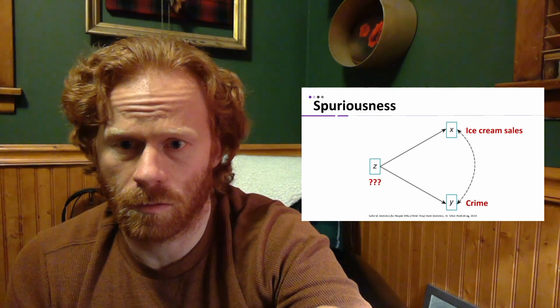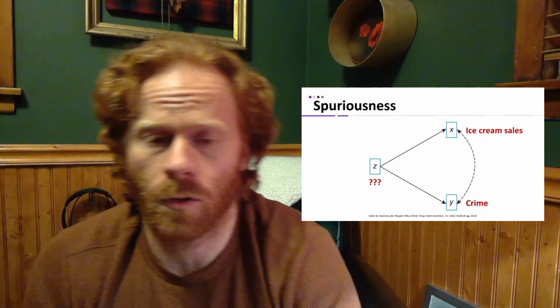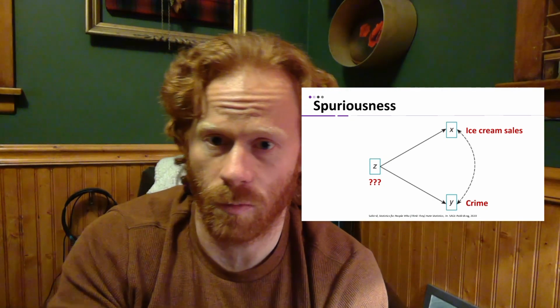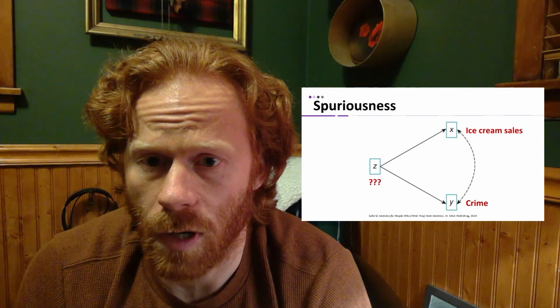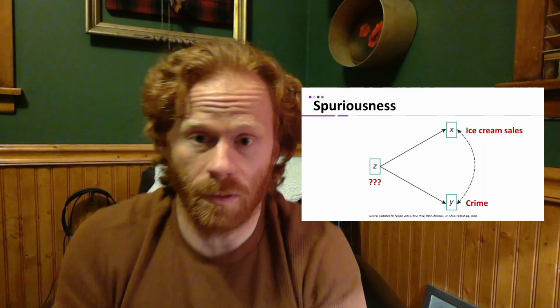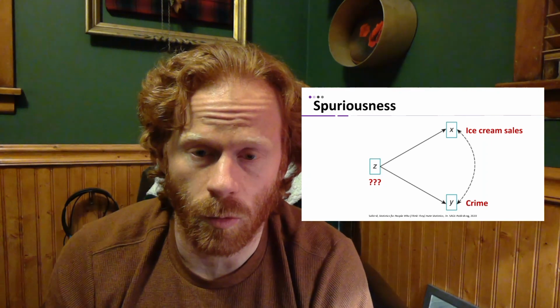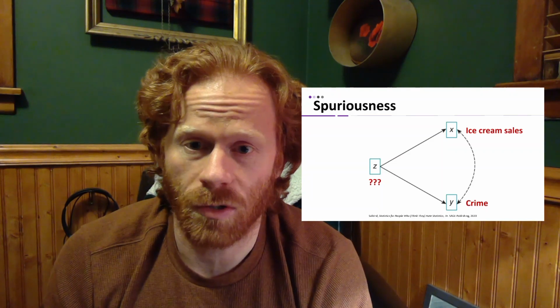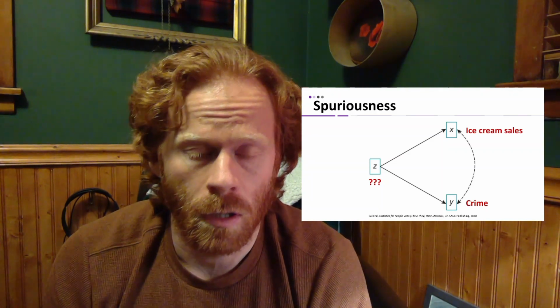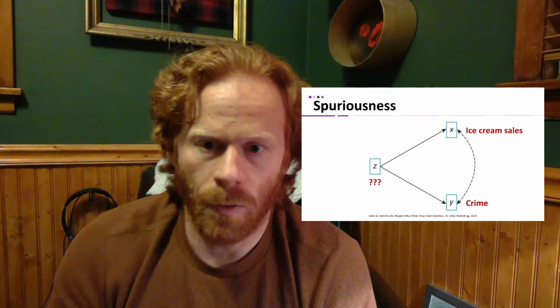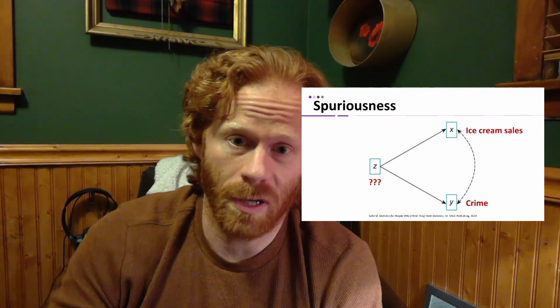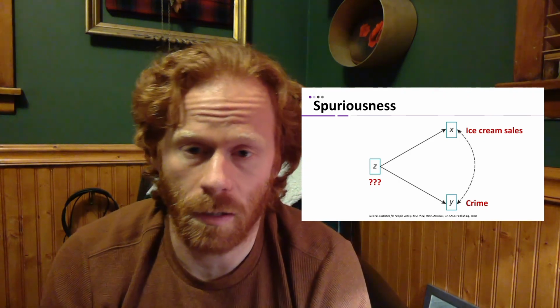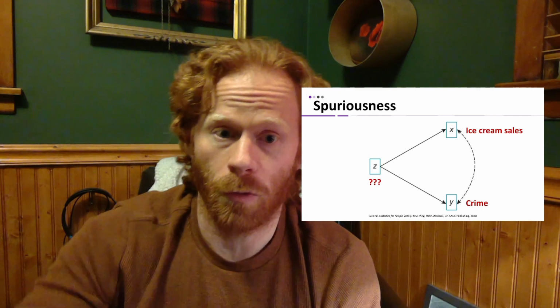However, it's affecting them both enough to the point where we can't say that ice cream is really the reason that crime is increasing. It sounds silly to start with, so we think those two probably aren't causally connected, but there's maybe some other variable that's actually affecting them both that can explain why they're both going up.